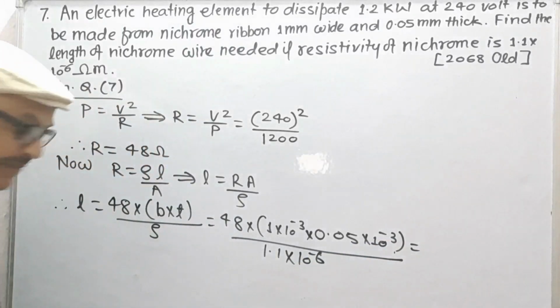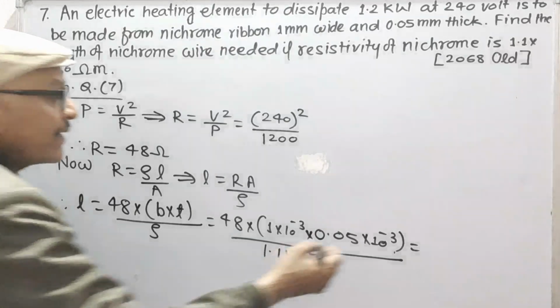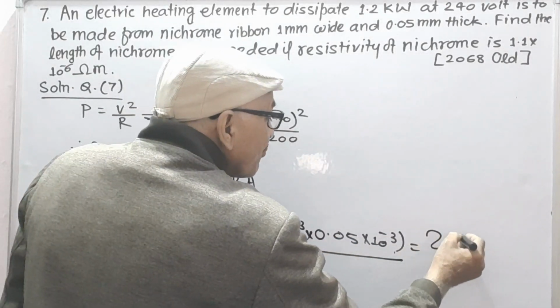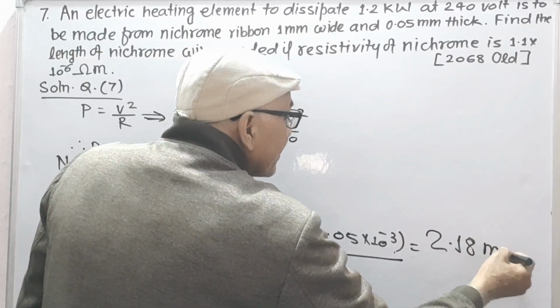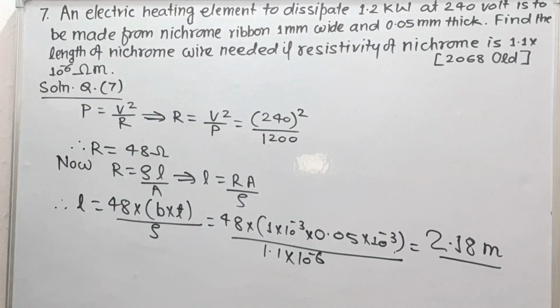On simplification we get the length of wire as 2.18 meters. So 2.18 meter long nichrome ribbon will be needed for the heater.